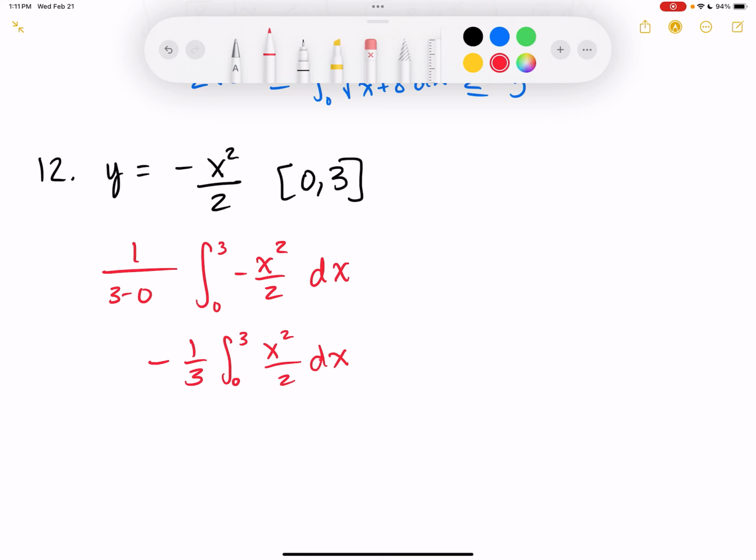It just says the variable with which you're integrating. Now, I didn't do the negative 1/3 before I started typing, so when I get the answer, I'll just have to do the times negative 1/3 at the end. Okay. So that integral is equal to 4.5. So this would be negative 1/3 times 4.5, which is just negative 1.5.